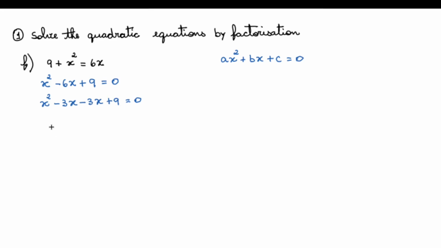Now group the terms in pairs: x squared minus 3x plus minus 3x plus 9 equals 0. Factor out the greatest common factor from each pair: x times x minus 3, minus 3 times x minus 3.